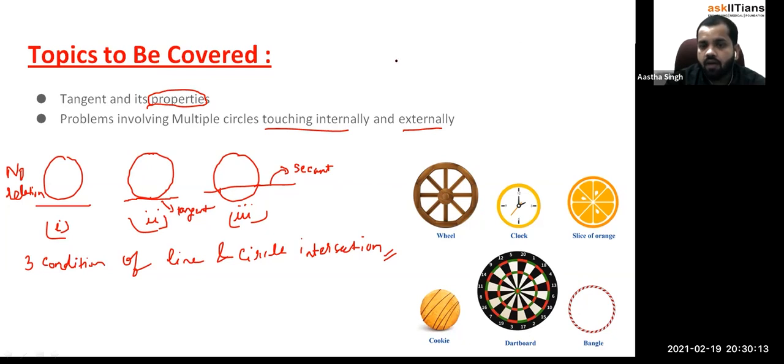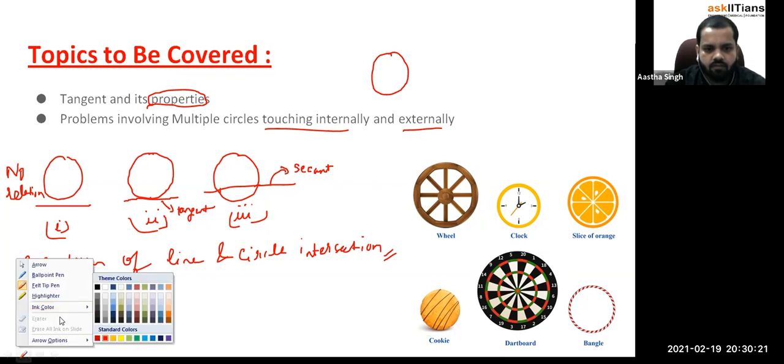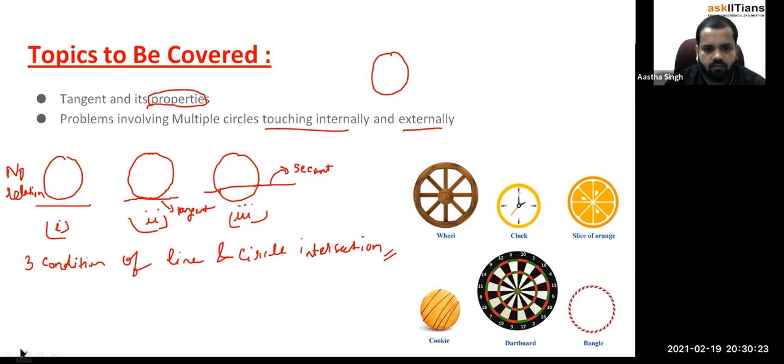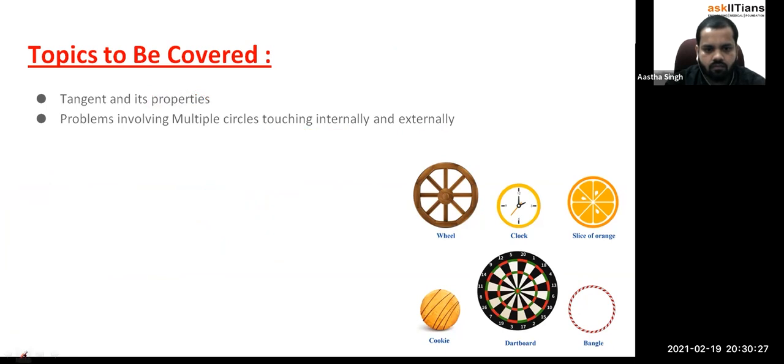If a circle is there, let me just erase that. A circle and a point can also have three relations.